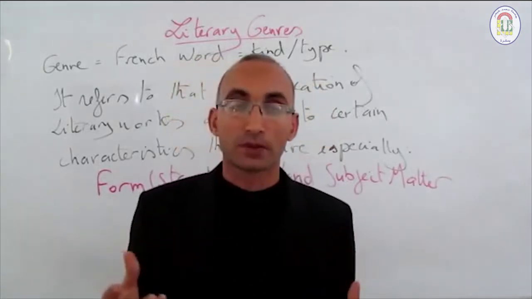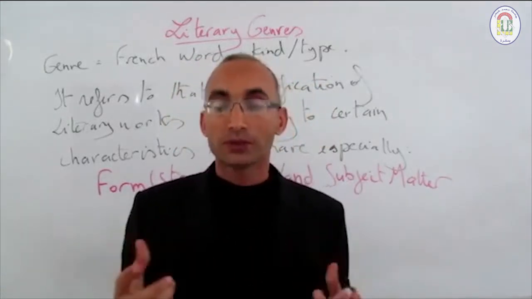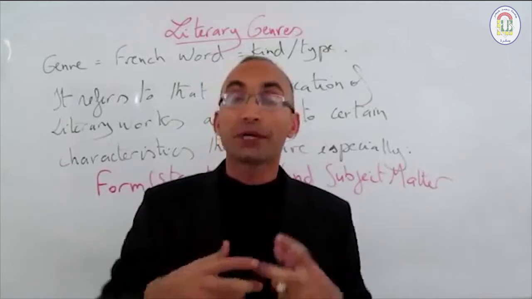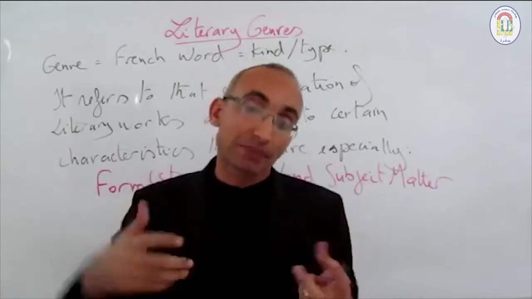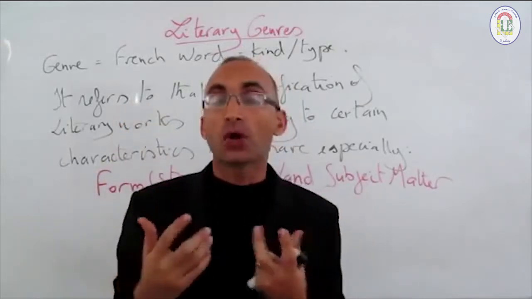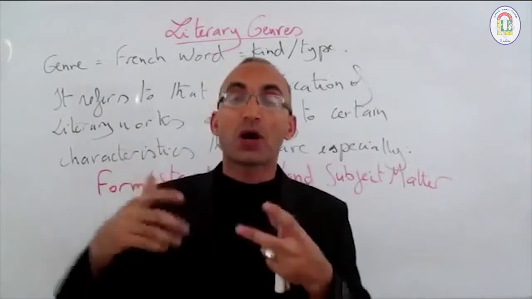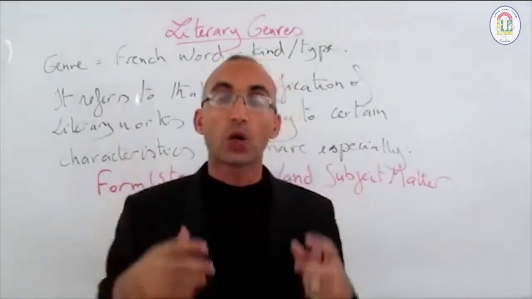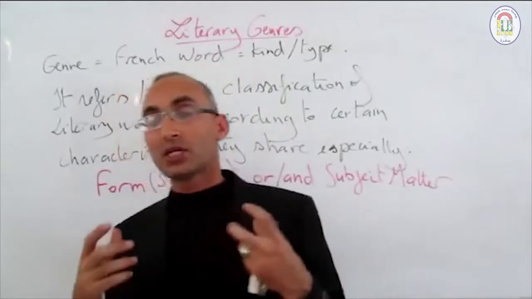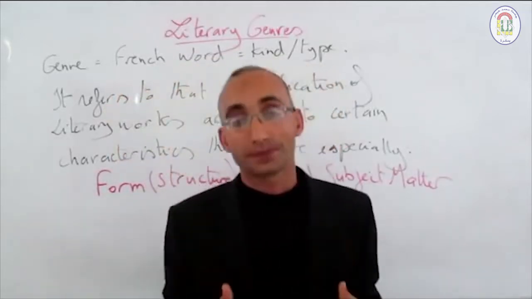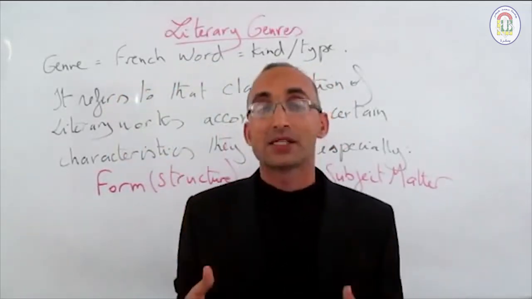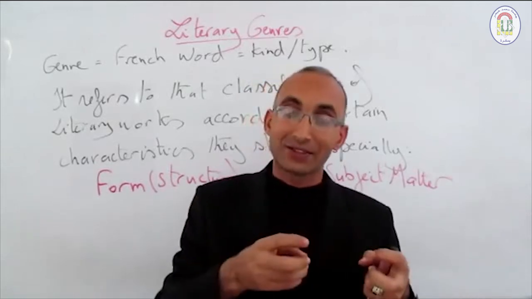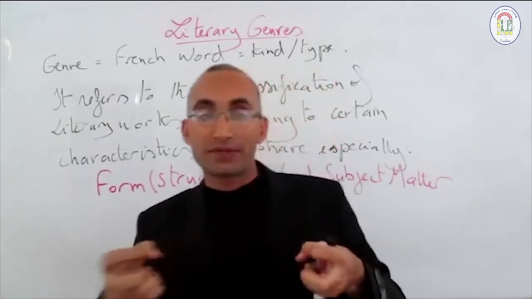What's a prose? A prose is simply written or even oral. You know that in the past, nearly all literature was transmitted orally, from one generation to another. So prose is those written or oral texts which take the form of sentences and paragraphs.